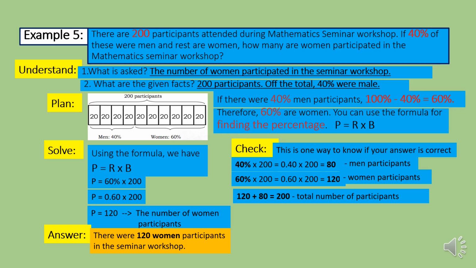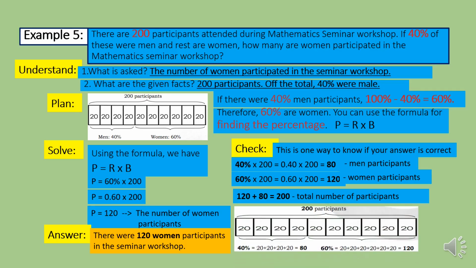So 120 plus 80 equals 200. The total number of participants. Makikita rin ninyo sa ating illustration ang 40% and 60% with a total of 100%, na 120 women participants.